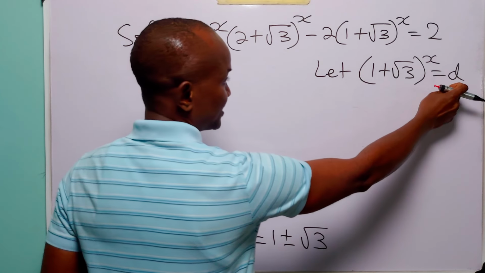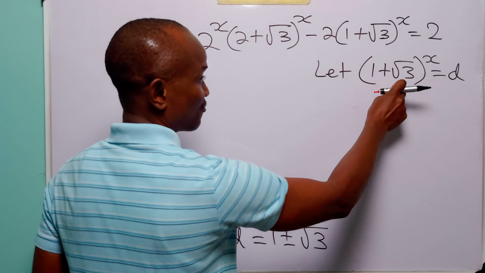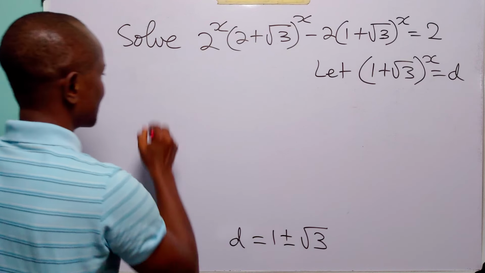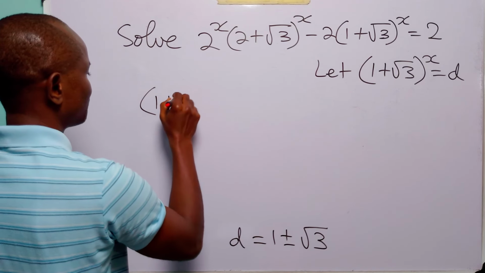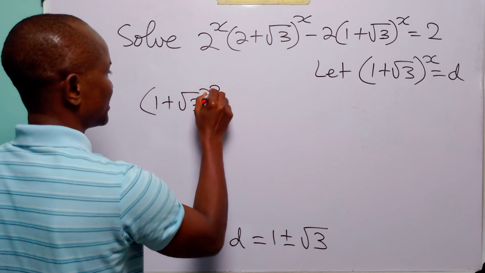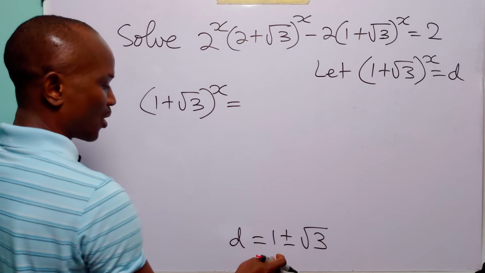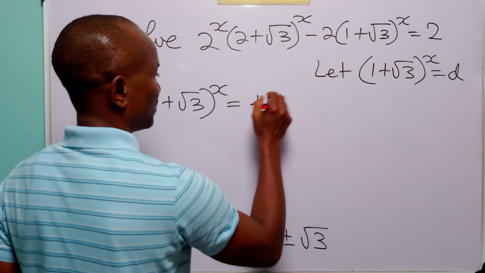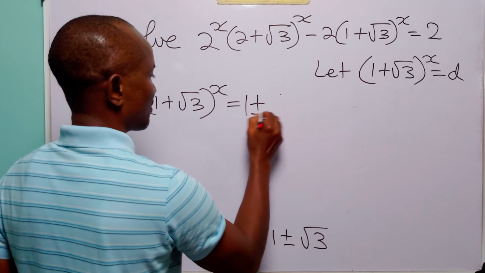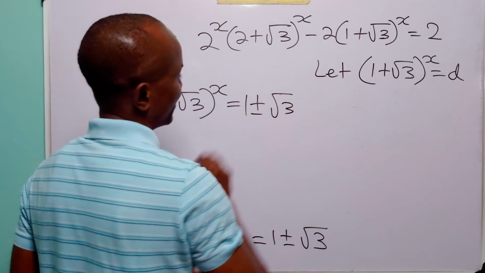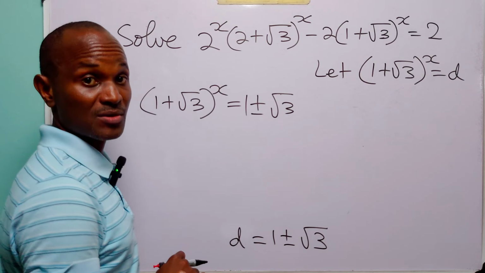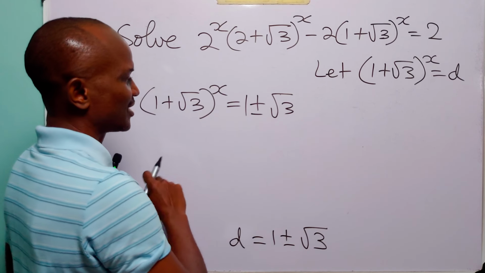And since d is equal to 1 plus root 3 to the power x, we have that 1 plus root 3 to power x is equal to 1 plus or minus root 3. But now let us look at this. There are two values here.